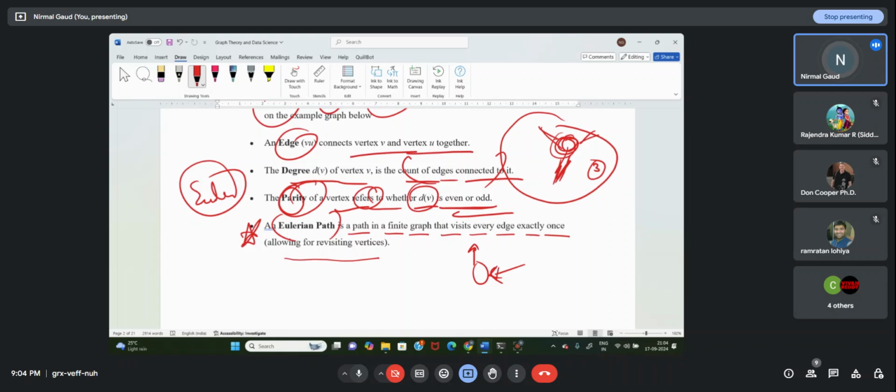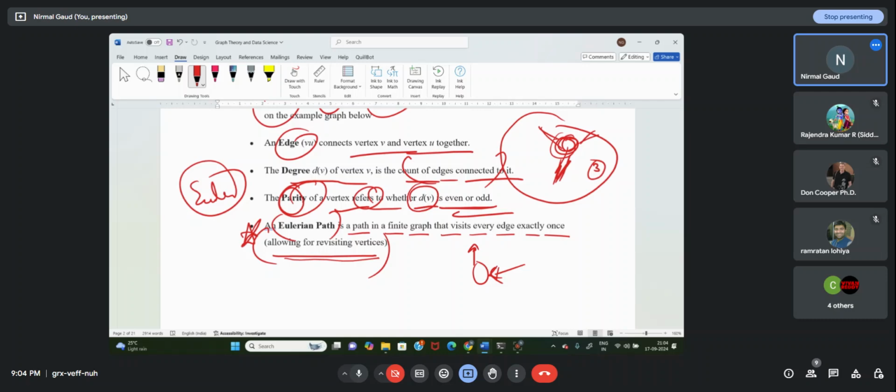A Euler path is a path in a finite graph that visits every edge exactly once. So I have a path where I will be visiting every edge once, allowing for revisiting the vertices. That means you can revisit the vertex.